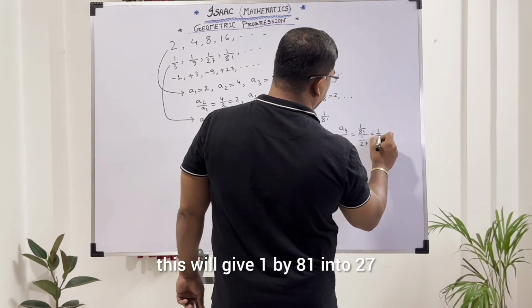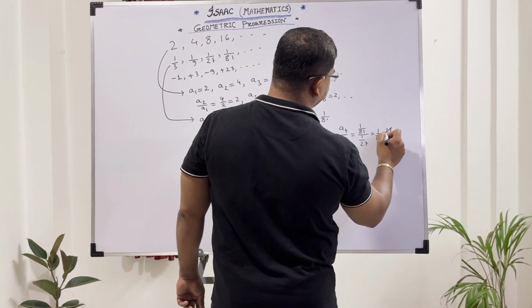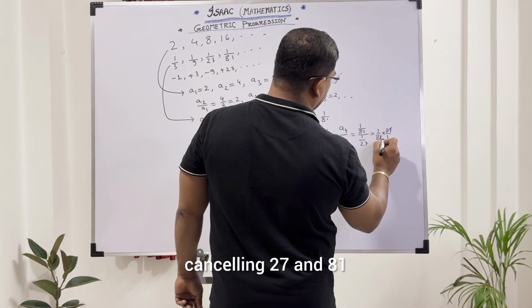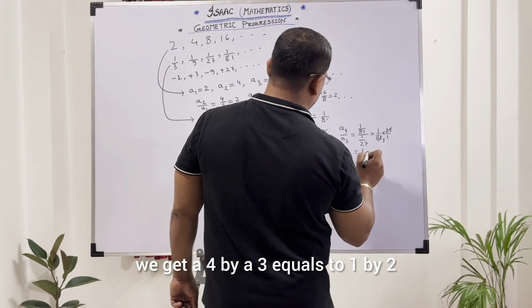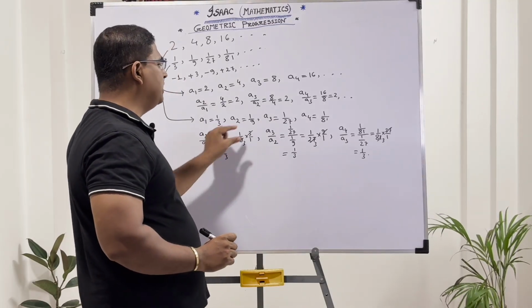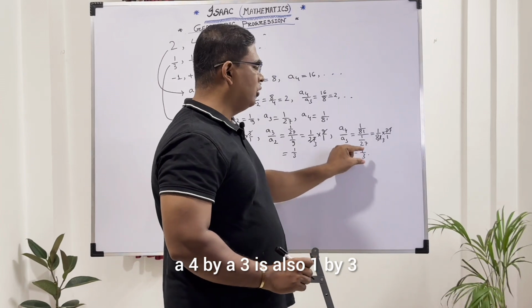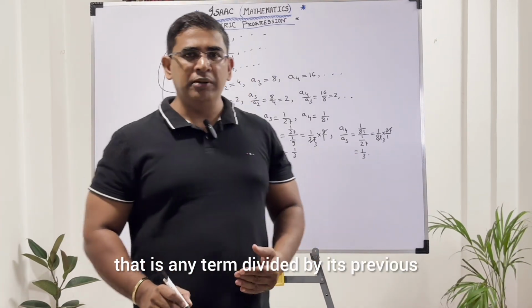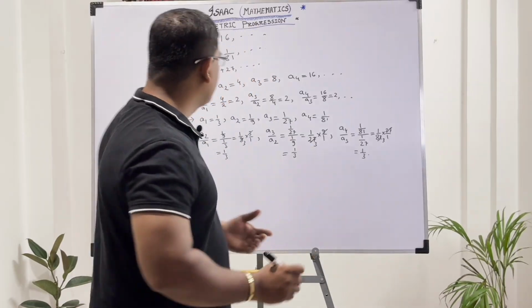This will give 1 by 81 into 27 by 1. Cancelling 27 and 81, we get A4 by A3 equals 1 by 3. That is A2 by A1 equals 1 by 3. A3 by A2 equals 1 by 3. A4 by A3 is also 1 by 3. That is, any term divided by its previous term always gives a fixed value.